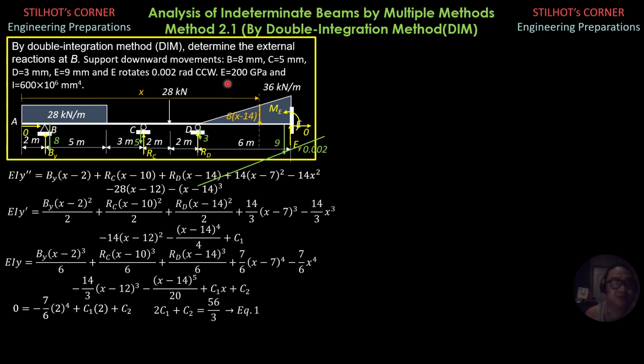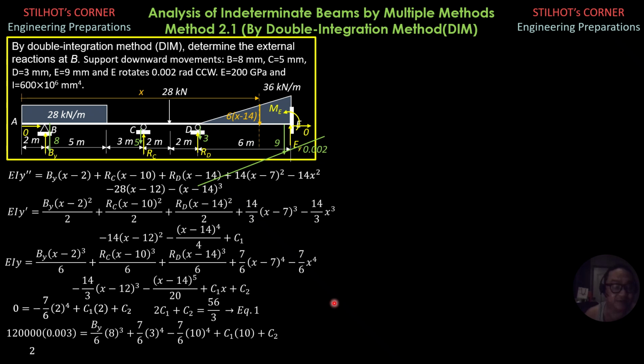Since EI is 120,000, 120,000 times positive 0.003 equals By times 8 cube over 6, then plus 7 over 6, 10 minus 7, so 3 to the fourth, minus 7 over 6, 10 to the fourth, then plus C sub 1 times 10 plus C sub 2.